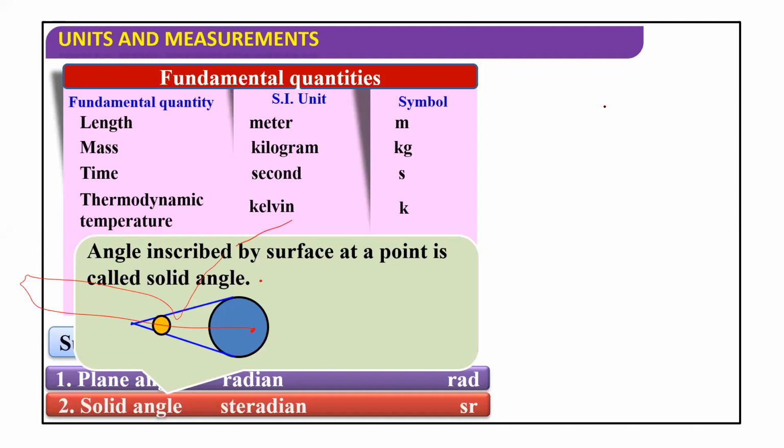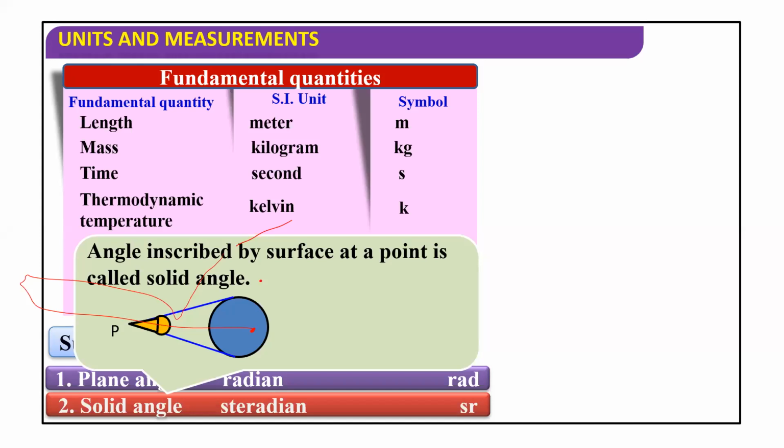Angle inscribed by a surface at a point is called a solid angle. You may draw this figure below that. What is a solid angle?